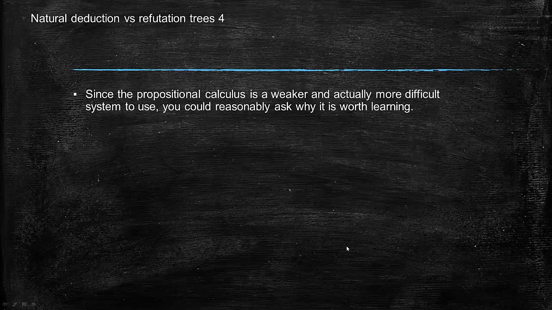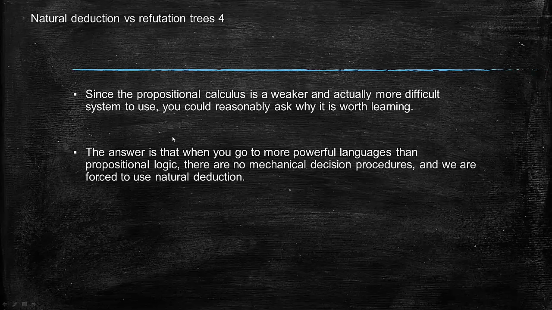Now, since the propositional calculus is a weaker and actually more difficult system to use, you could actually ask why we're learning it. I mean, it seems like refutation trees are just better in a certain sense. And the answer is that you can't use refutation trees forever. In more powerful languages, even in the predicate logic, although there is a refutation tree system for predicate logic, it's not a decision procedure anymore.